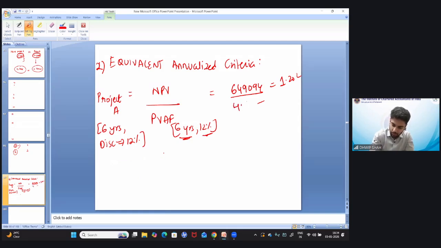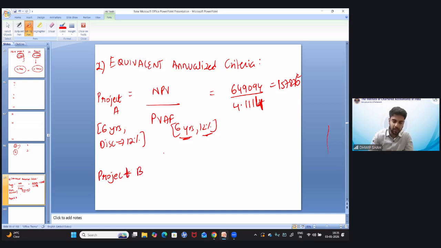Okay? So how much is the equivalent annualized amount coming to? What is the answer? 157,876. Okay, likewise follow the same process for project B.